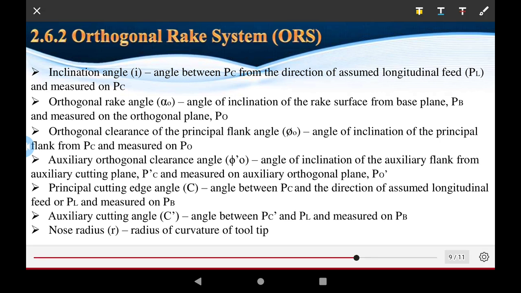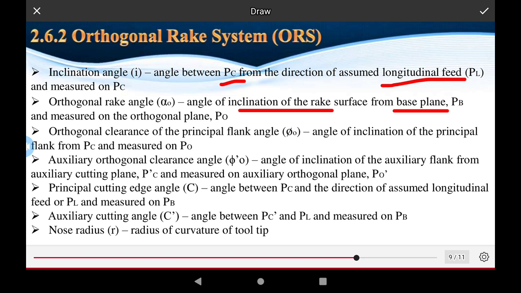This is some of the nomenclature, with the inclination angle: the angle between the cutting plane and the direction of the longitudinal feed, measured for PC. Orthogonal rake angle is alpha naught. The angle is the inclination of the rake surface to the base plane PB, measured in the orthogonal plane.